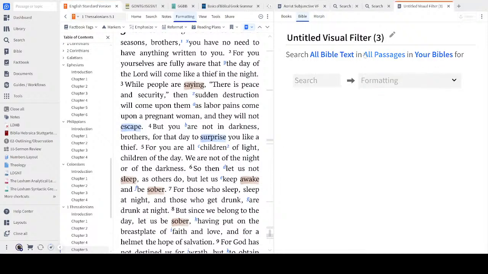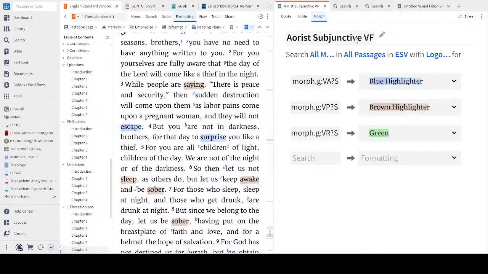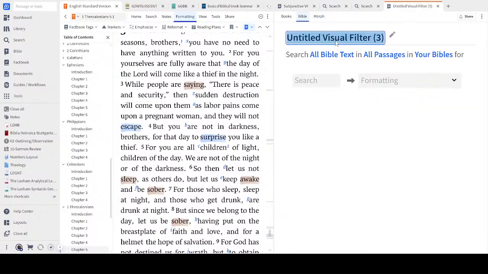And here, let's rename that, because we really have the subjunctive. All these are subjunctive visual filters. Now we're going to go into the imperative, so we're going to name this the imperative BF.